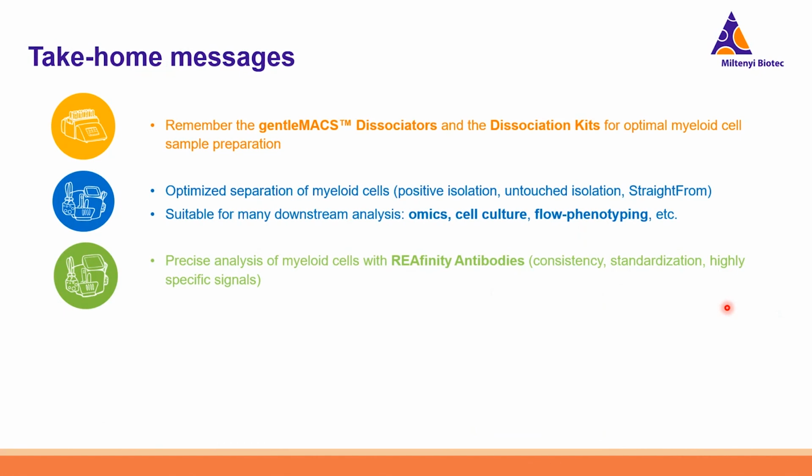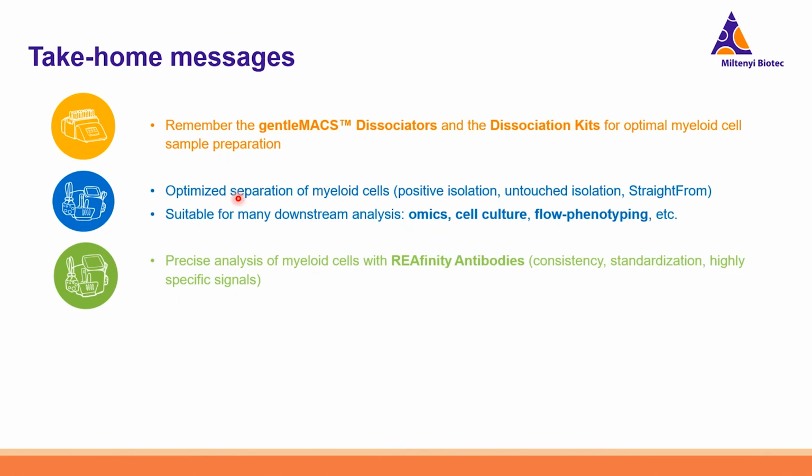Now, I will wrap up my talk, and here are some take-home messages. Please remember our gentleMACS dissociators and the combined dissociation kits for optimal myeloid cell sample preparation. Sample preparation definitely matters.